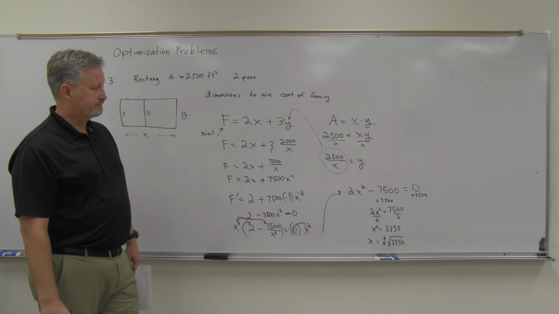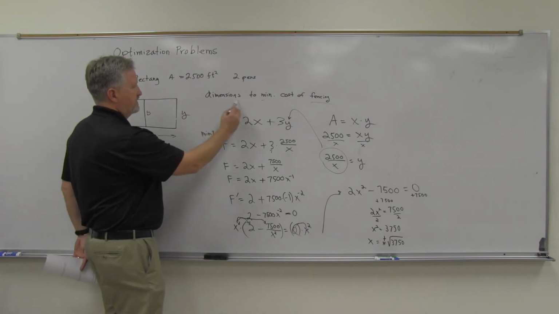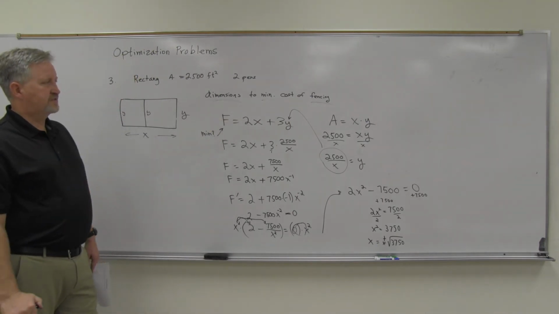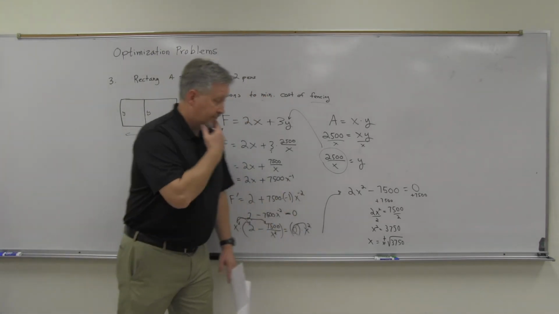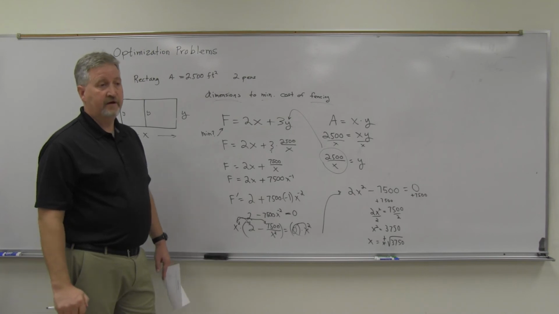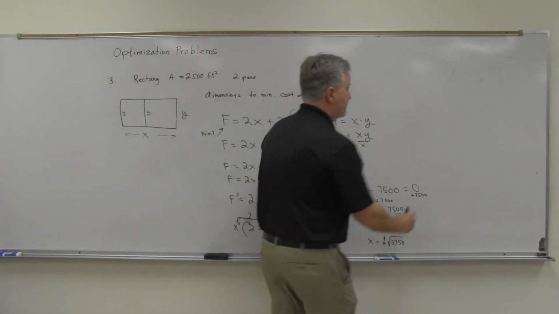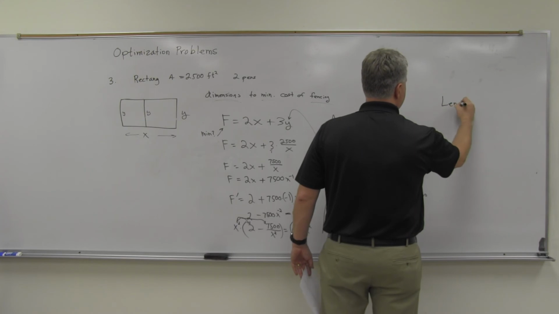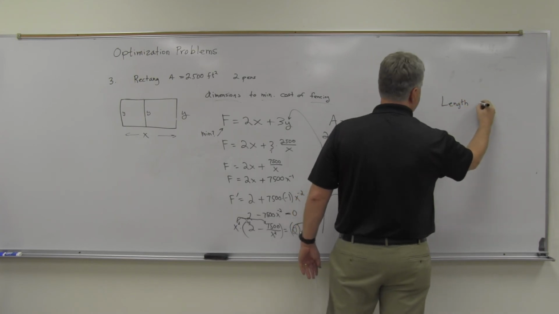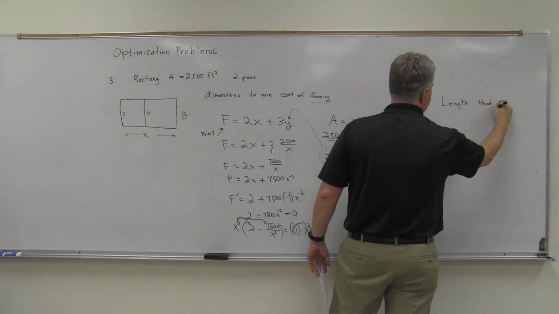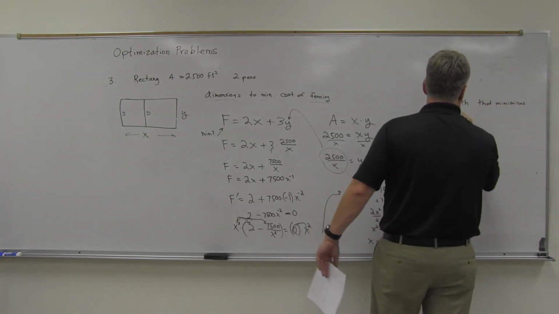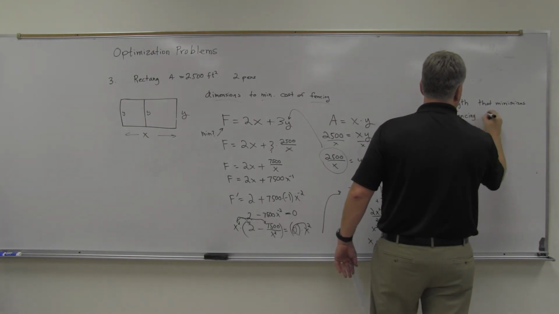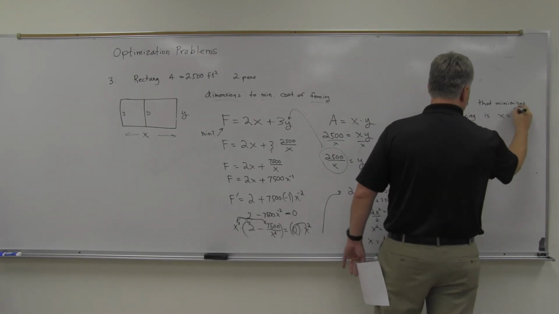That's what x is. Now also, pay attention to what it wants. In this case, it wants the dimensions to minimize the cost of the fencing. That's the x dimension, okay? So this would be the length that minimizes the cost of the fencing. X equals the square root of 3,750.